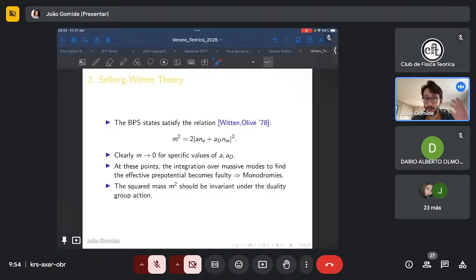And as I said before, we're doing Wilsonian effective theory. We're integrating out high energy modes, and in particular here, we're integrating out massive modes.